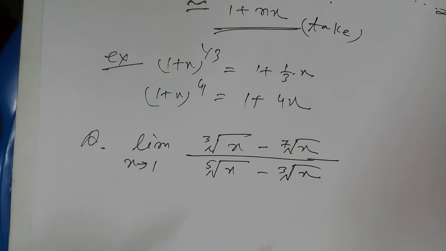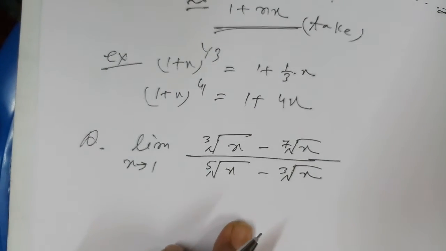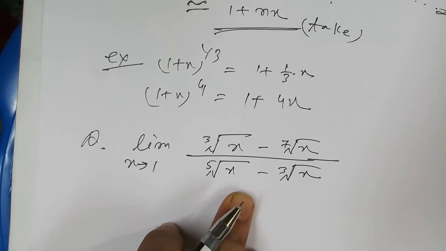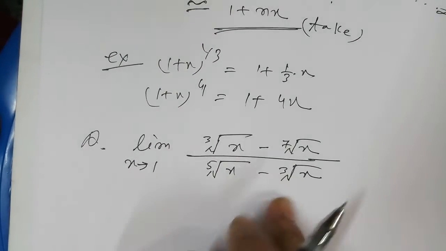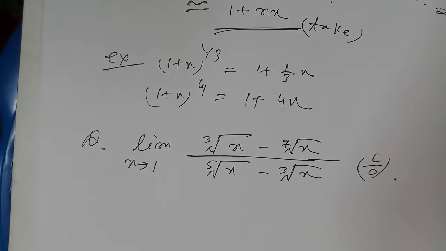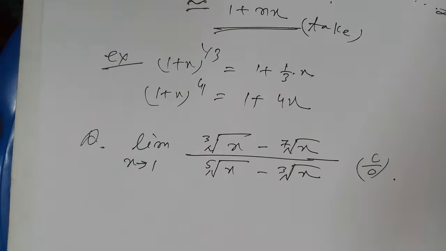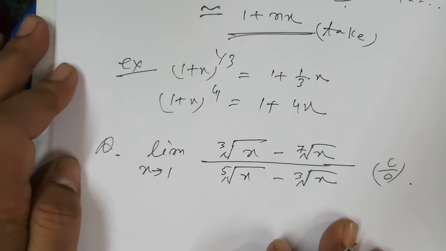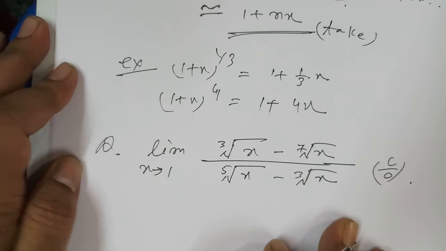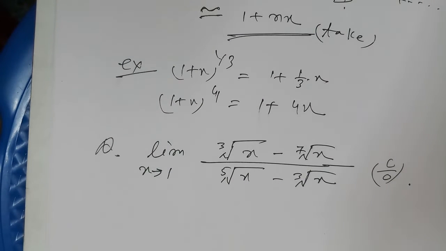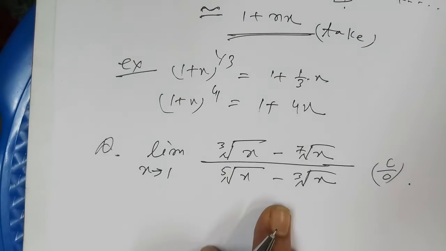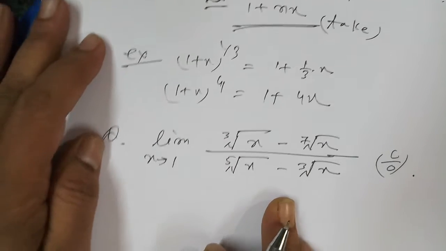If you see this limit, it seems like a very difficult problem. 1 minus 1, it becomes a 0 by 0 form. Without L'Hospital, its solution can be found without L'Hospital. How will you solve it? Some problems are also difficult with the help of L'Hopital rule.